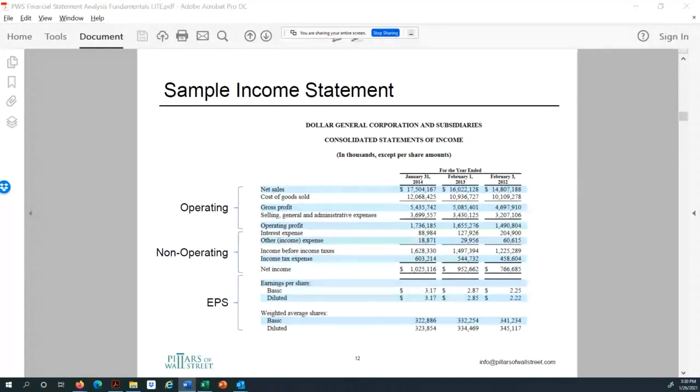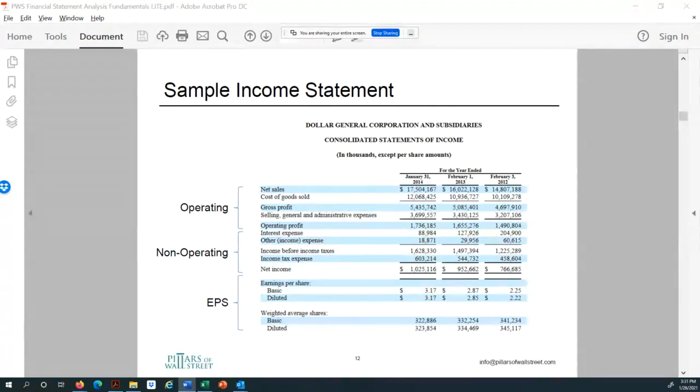There's net income, and then there's 2 more at the bottom: basic and diluted EPS, or earnings per share. Now, gross profit and operating profit are both pre-capital structure, available to everyone, equity and debt holders, whereas net income and EPS are for the equity holders only, because interest has been taken out by the time you get to net income.